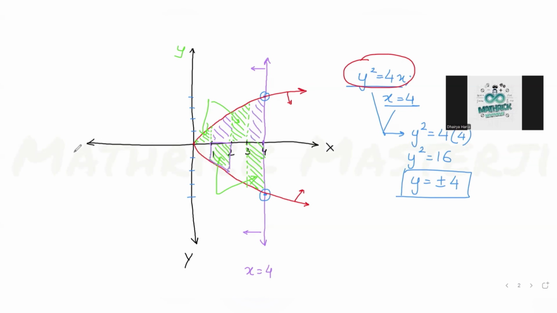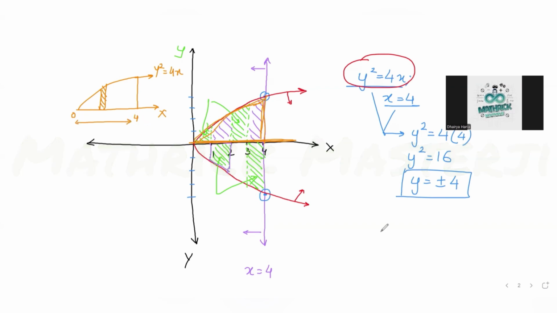So basically, indirectly, I am trying to find the area between this part of the parabola, the positive part, and my x-axis for the limits from 0 to 4. So I am basically trying to find out the area between this x-axis and this parabola, which is y square equals 4x, from a vertical strip which goes for the values of x between 0 to 4.